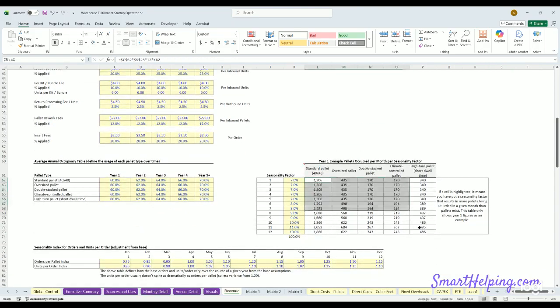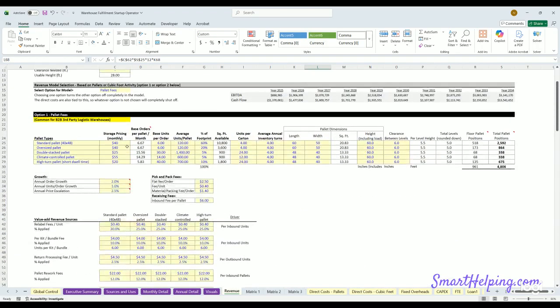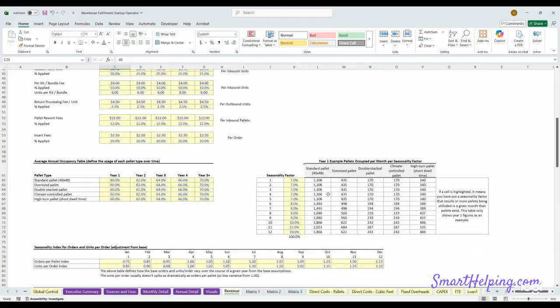So I put a check here for year 1, and you could plug in any of the year 2, 3, 4, 5 percentages into year 1 and see if you're breaching that. But in this case, based on the seasonality and the occupancy, we can see how many pallet spaces we expect to be occupied, and that's going to be driving revenue, one part of the revenue, for a given month.